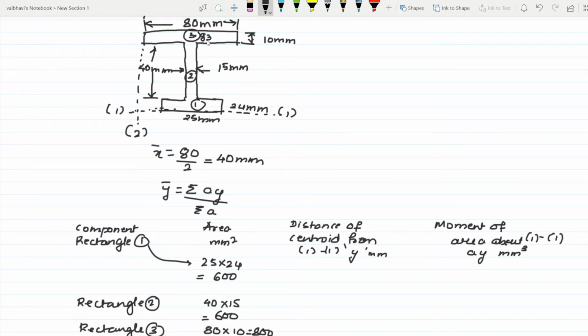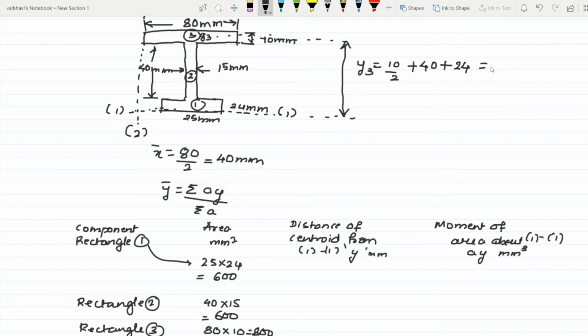Let us say that as G3. So what is its distance from this axis? That we have to find. So let that be y3. How much it will be? This thickness is 10. So add half of that, that is 10 by 2 plus this distance, that is height of this web, 40, plus this thickness of bottom flange, 24.